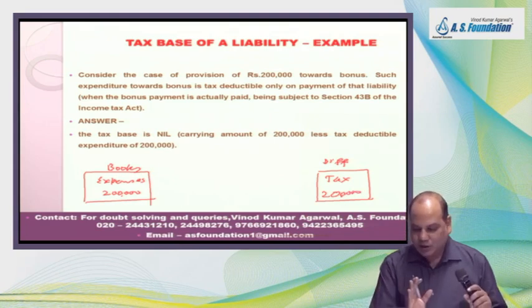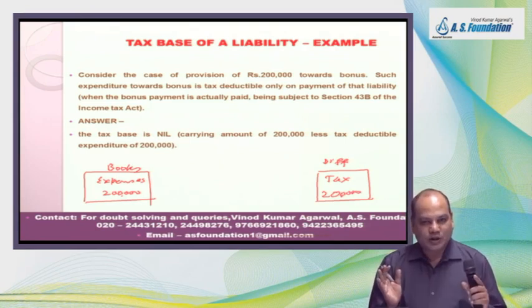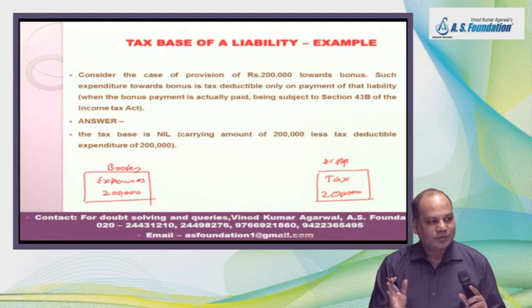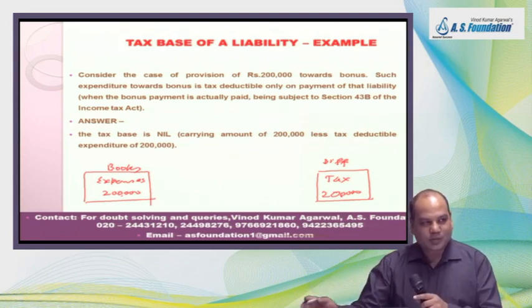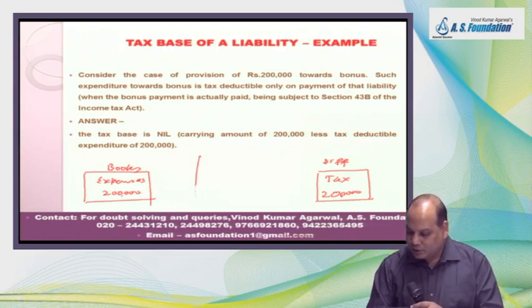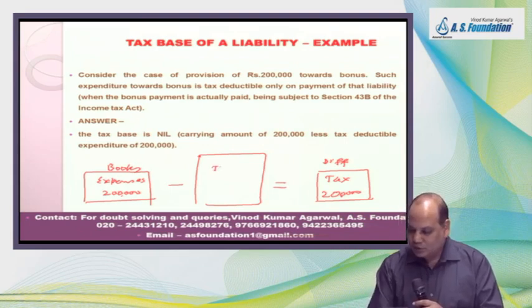In books expenditure is 2 lakh, but for tax the expenditure is 0, which means there is a difference of 2 lakh rupees between the treatment in books and for tax purpose. If my difference is 2 lakh, this minus this should be equal to 2 lakh. So therefore the tax base has to be 0.